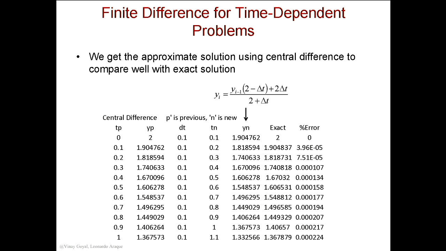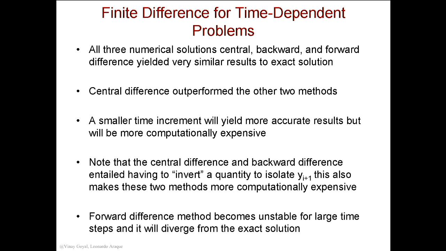And so now that we see this, let's talk about a few things here. All three numerical solutions, central, backward, and forward difference, yielded very similar results to the exact solution. Did I have to look at a book and find out what the solution to the time domain differential equation was? No. Very simply in Excel, I was able to implement a solution procedure that gave me the value y as a function of time.